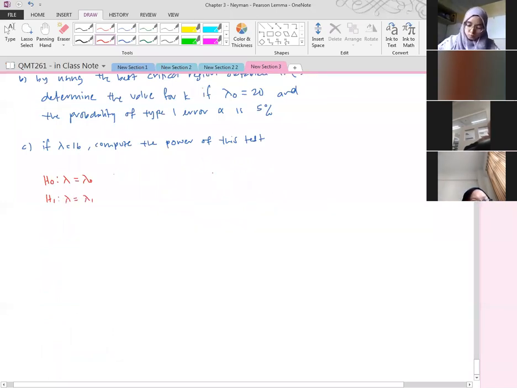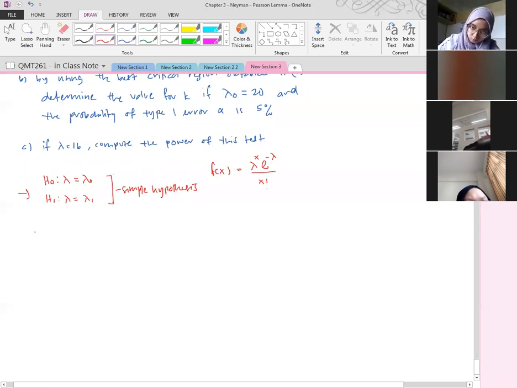The PDF f(x) is equal to lambda to the power x, exponential negative lambda, divided by x factorial. Based on the PDF, you only have one parameter, which is lambda. So this is a simple hypothesis, so we can input the value.